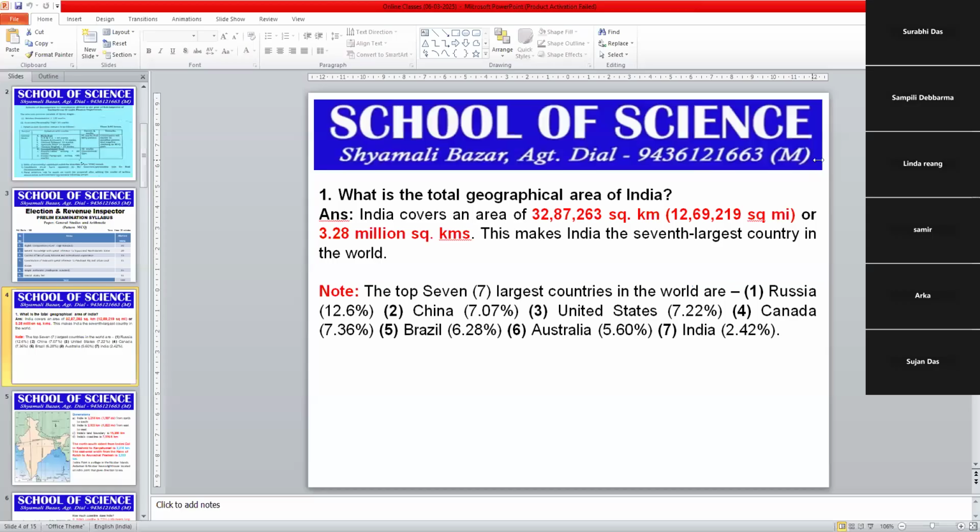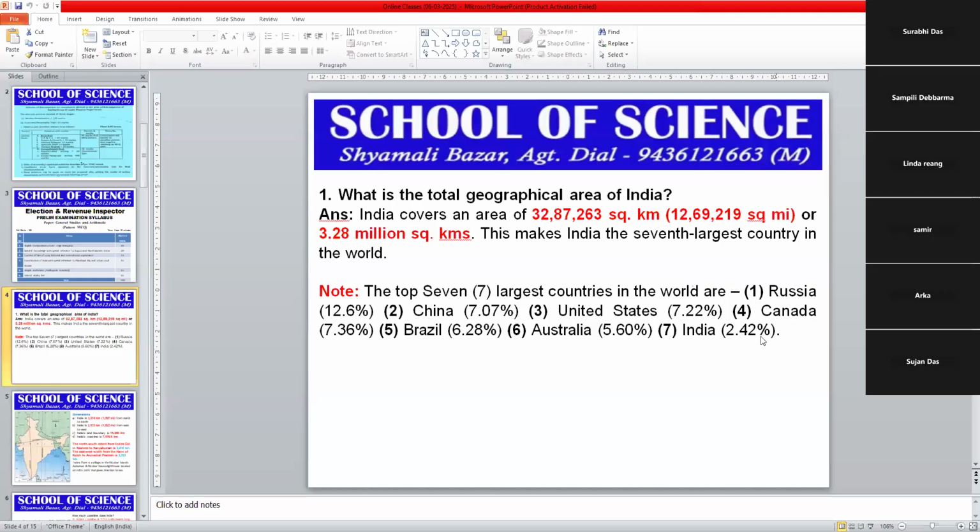And the top seven largest countries, which includes India as well. First one is Russia. Second is China. Third is the United States of America. Fourth, Canada, fifth Brazil. Then sixth is Australia, and seventh is our country.